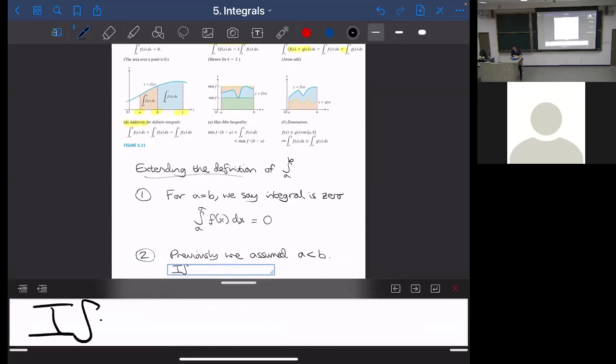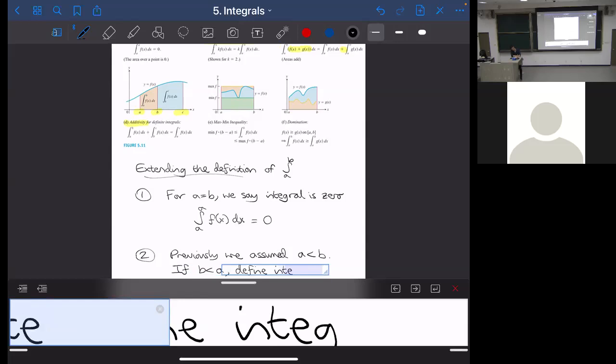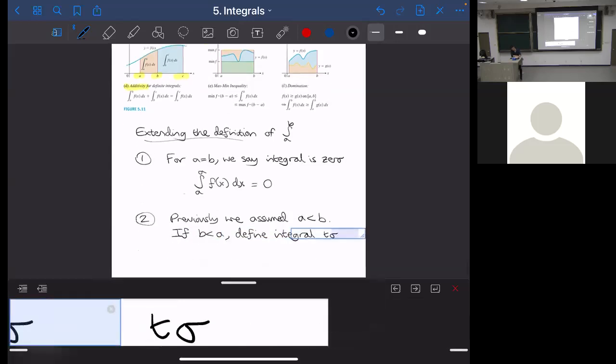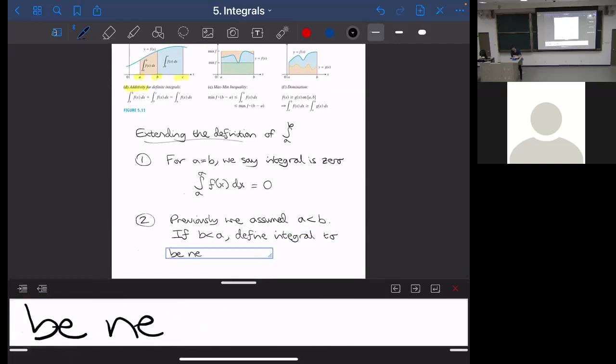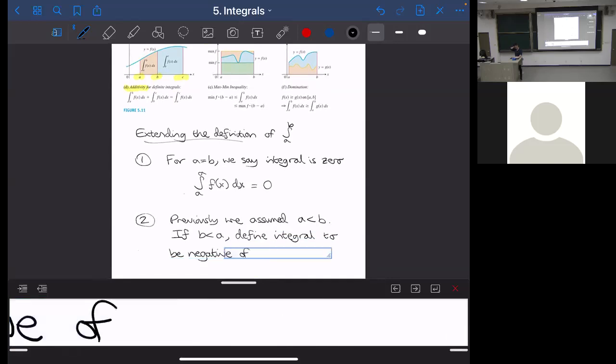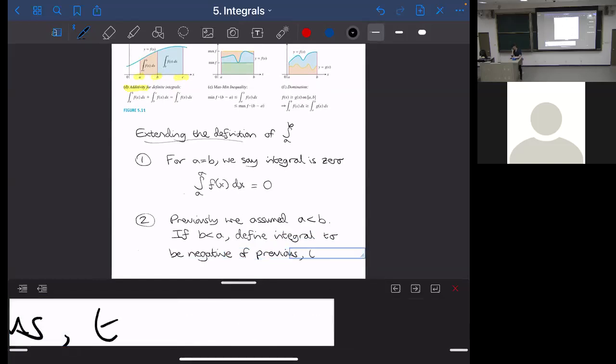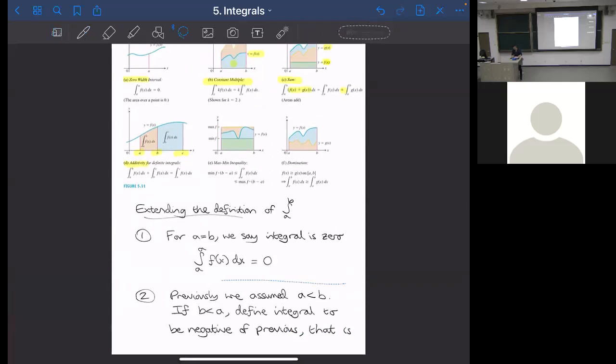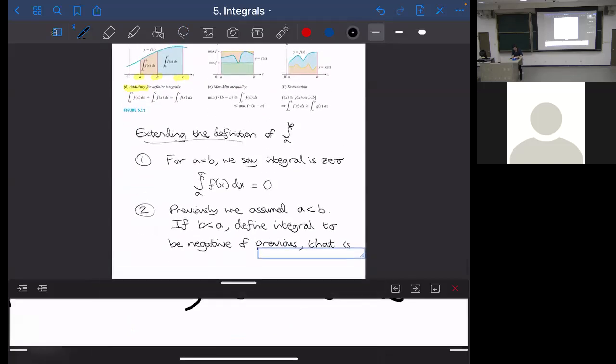If it's the other way around, if b is less than a, we define the integral to be negative of the previous one.